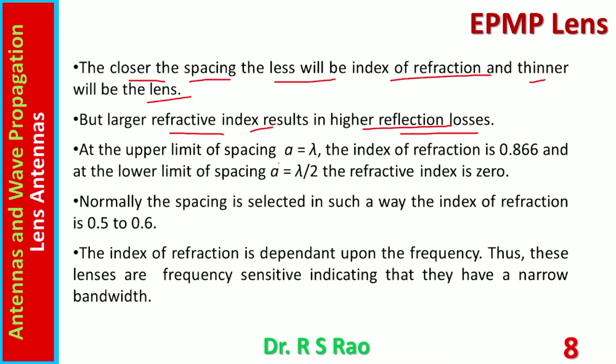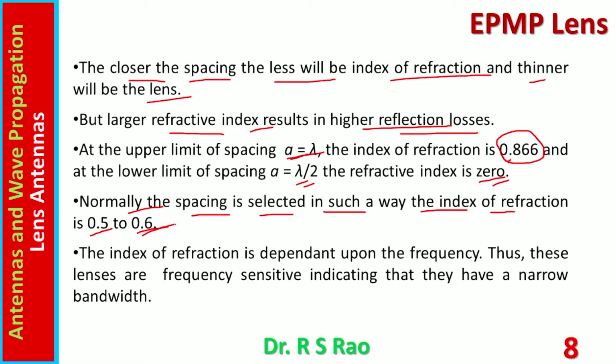At the upper limit of spacing, that is A equal to lambda, the index of refraction is 0.866, and at the lower limit of spacing, that is A equal to lambda by 2, the refractive index is 0. Normally, the spacing is selected in such a way that the index of refraction is 0.5 to 0.6. Notice in dielectric lenses it is around 1.5, more than 1 because they are delay lenses.